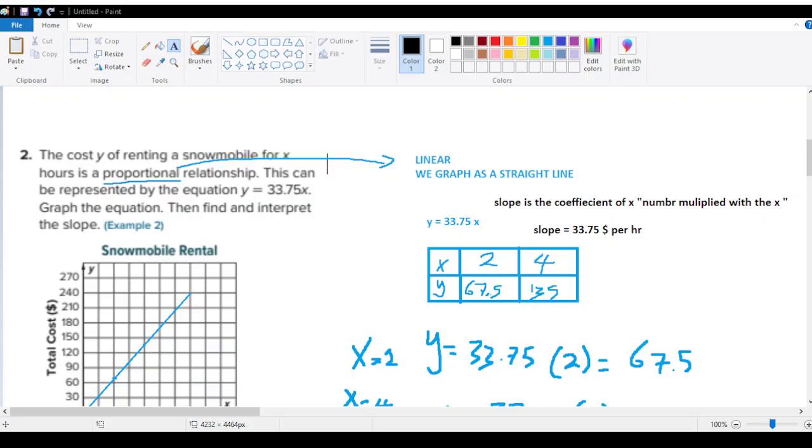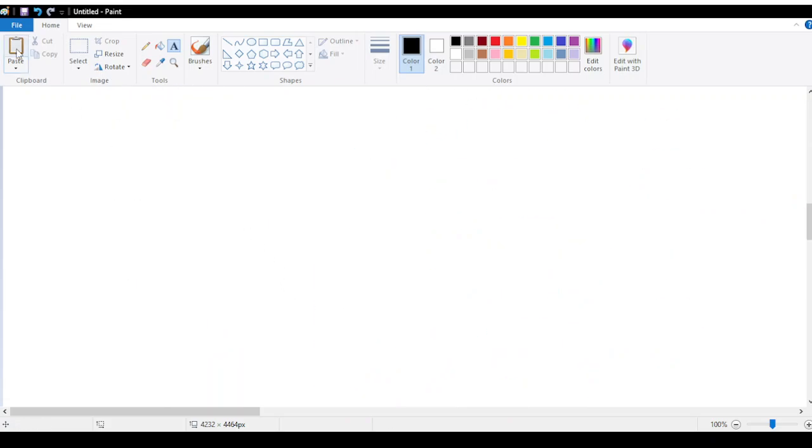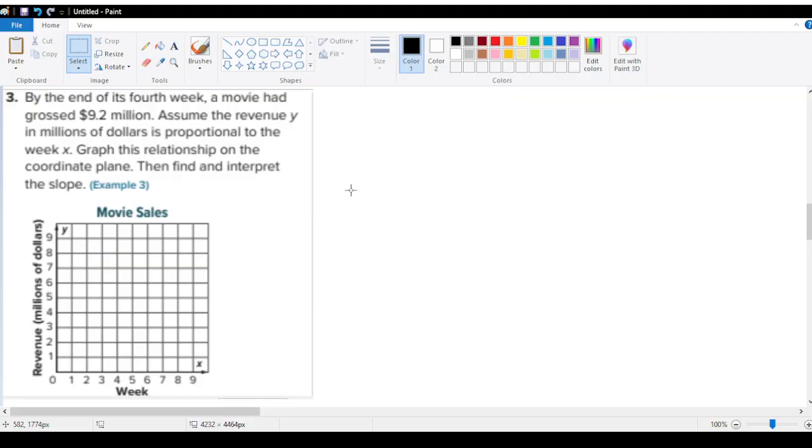Let's see the last question here. I think I'm going to give it to you as homework because it's easy. Shamsa, can you read it? And by the end of the fourth week, a movie had grossed 9.2 million.